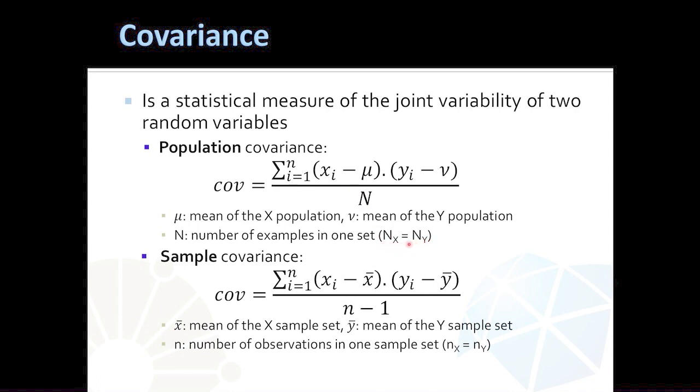The covariance of a sample is given by the sum of the distance between each element in the X set and the mean of the X set, multiplied by the distance between each element in the Y set and the mean of the Y set, divided by the number of elements in one of these sets minus 1.